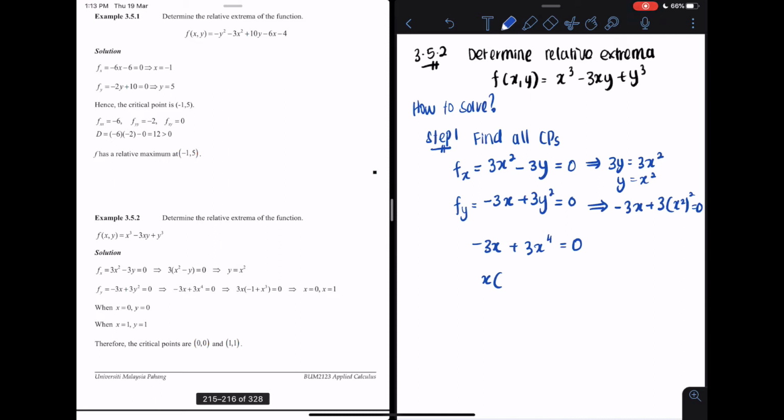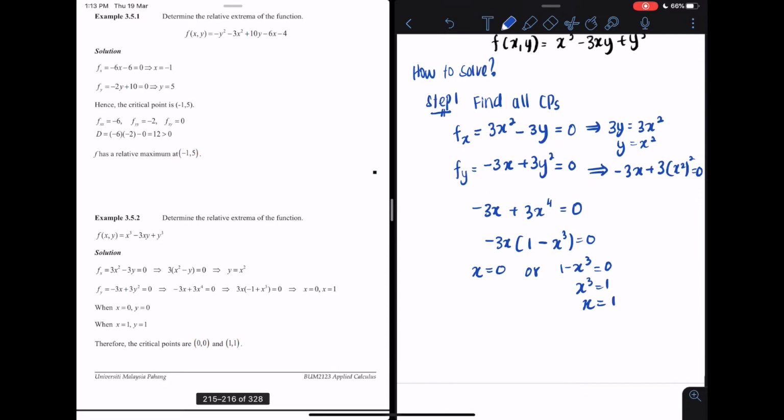Negative 3x times 1 minus x cubed equal to 0. x equal to 0, or 1 minus x cubed equal to 0, x cubed equal to 1, x equal to 1.